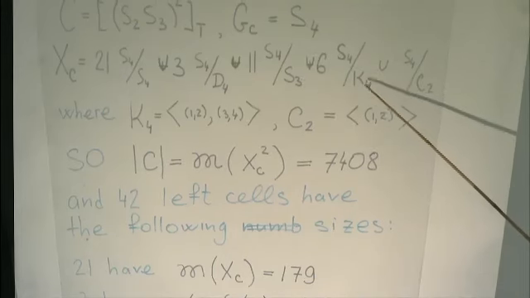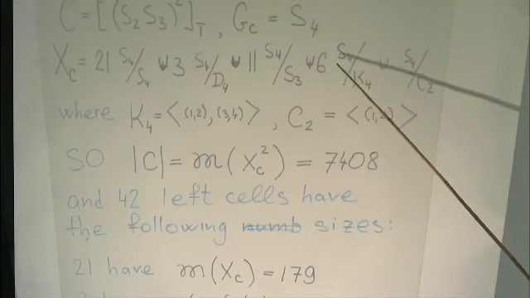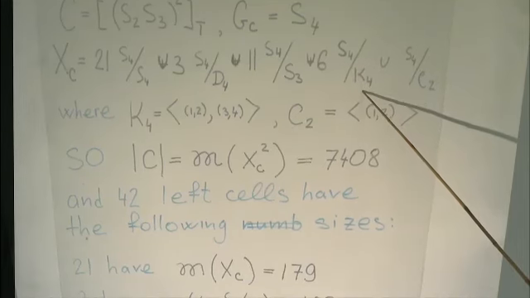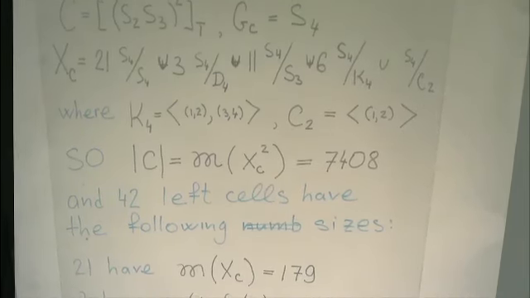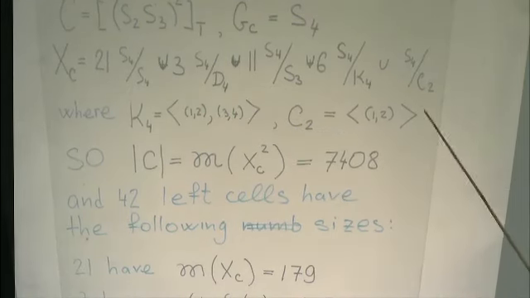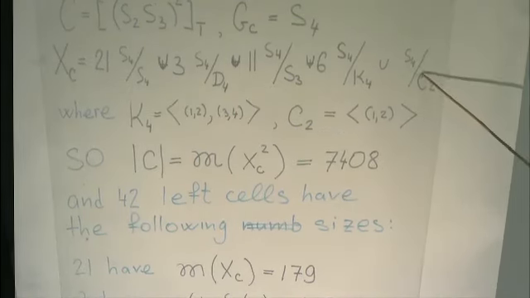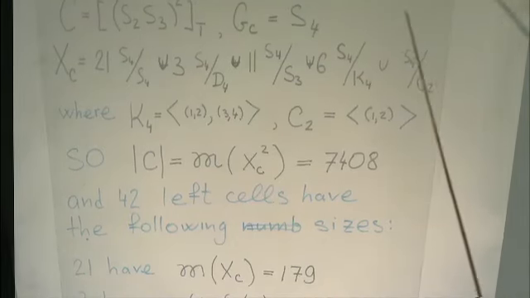Then this is the Klein-4 group, so these are 6 sets of size 6, and there are 2 Klein-4 groups in S4, 2 non-conjugate ones. So that's this one. The second one is normal, this is not normal. And then there is a single occurrence of a set of 12 elements.